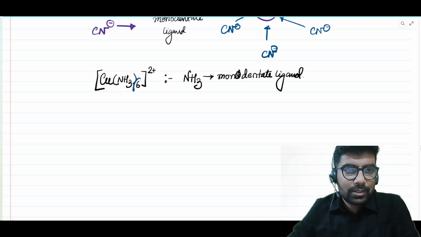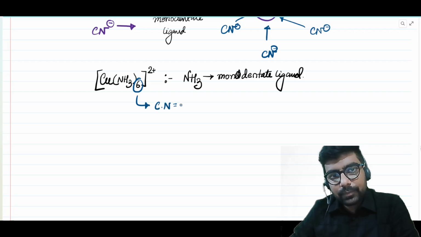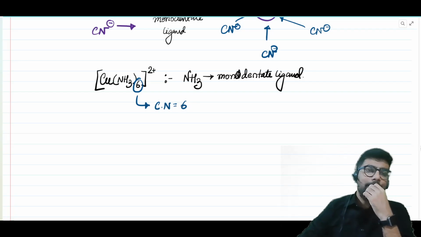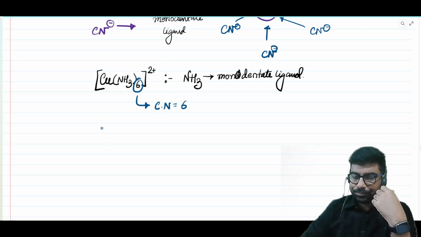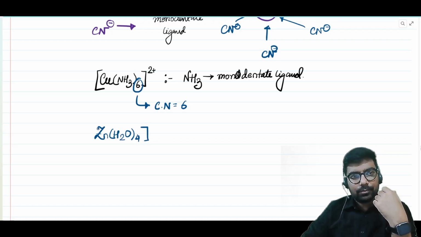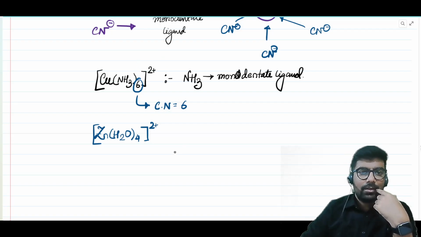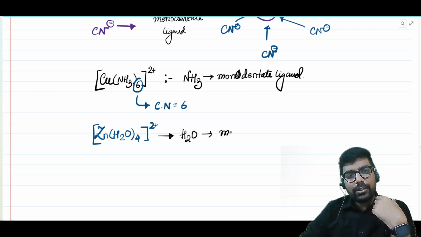There are 6 NH3, so the coordination number will be 6. Clear? Again, take another example. Let's say we have Zn(H2O)4 2 plus. Again, water or aqua is a monodentate ligand.